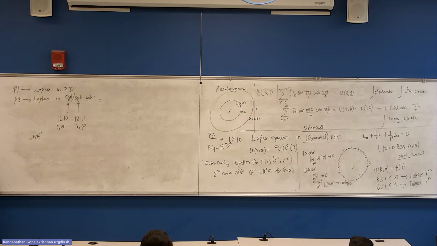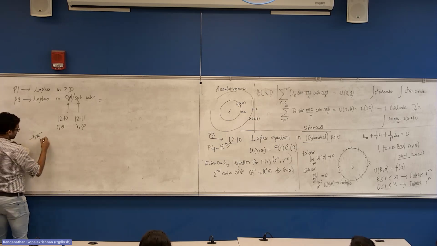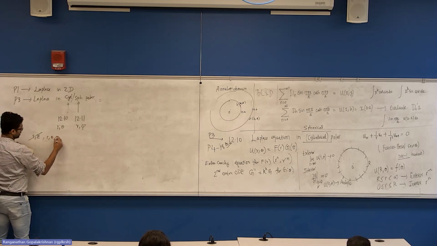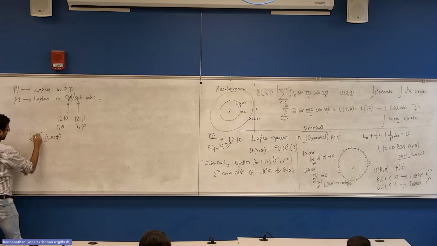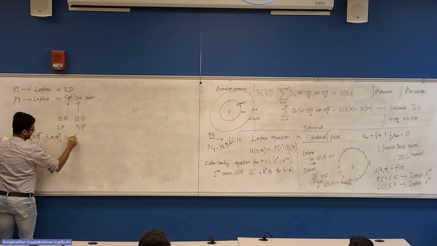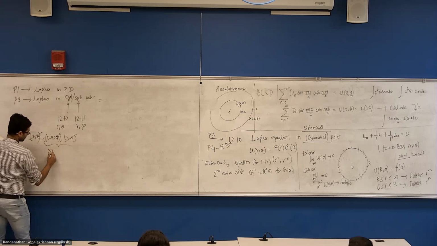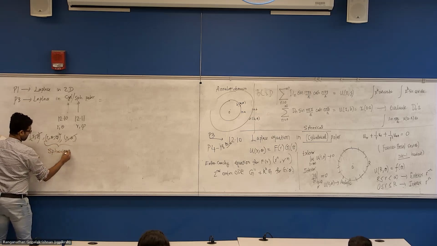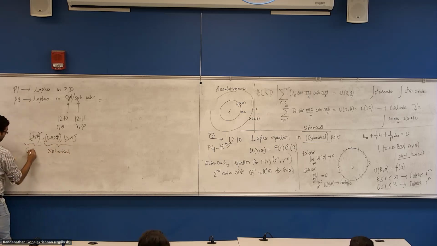I'll also not ask r, theta, and phi in spherical polar. We are also not going to ask r and theta in spherical polar. So you can keep it clearer.